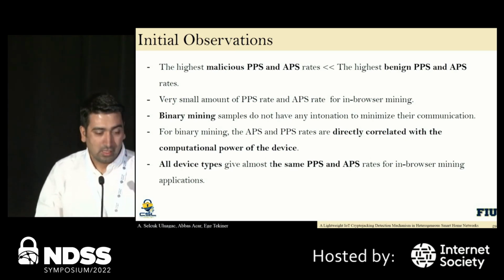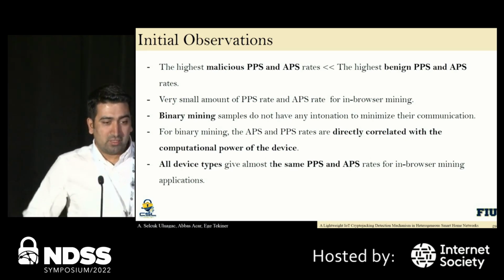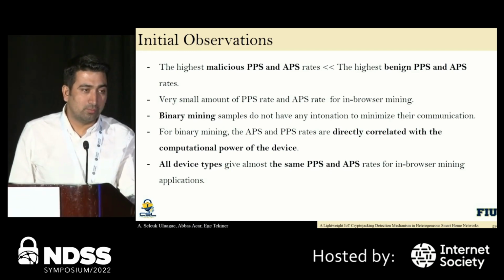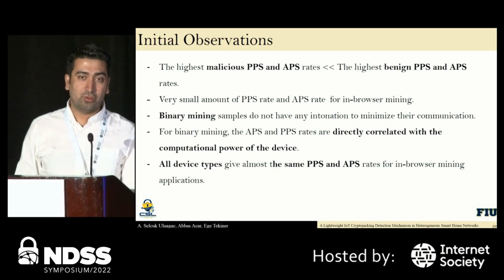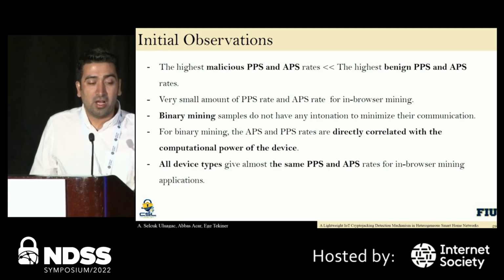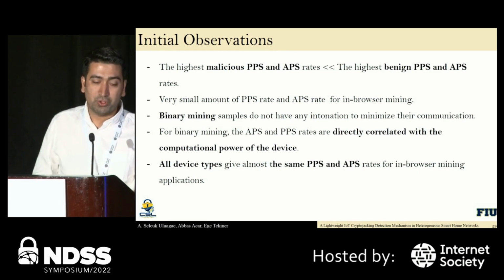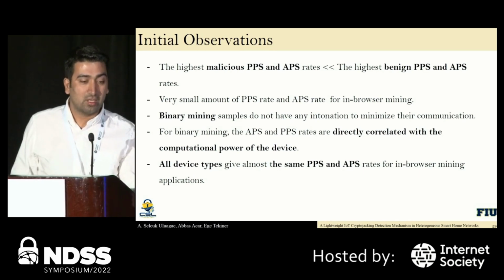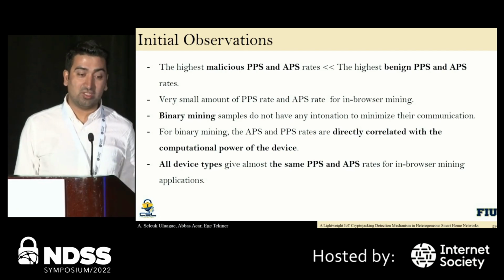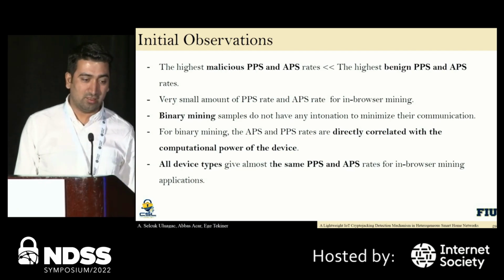Thank you, Ege. After we collected the benign and malicious datasets, we first wanted to make some initial observations on the raw dataset. What we observed is that the highest packet per second and average packet rates for the malicious dataset are much smaller than for the benign dataset.